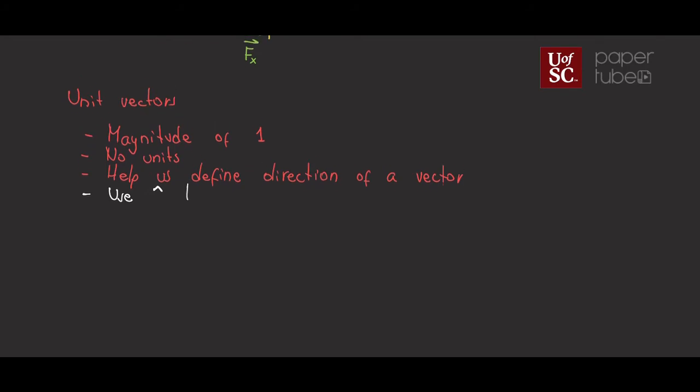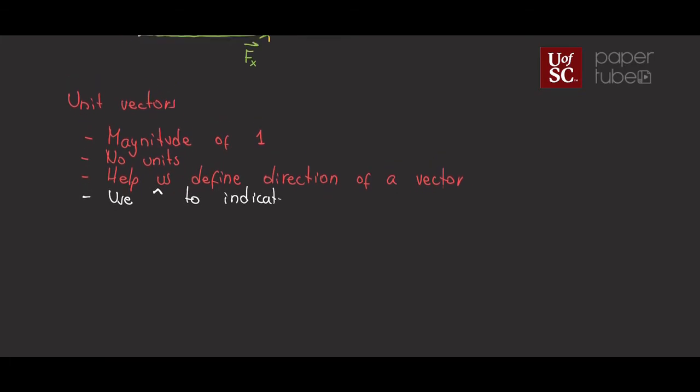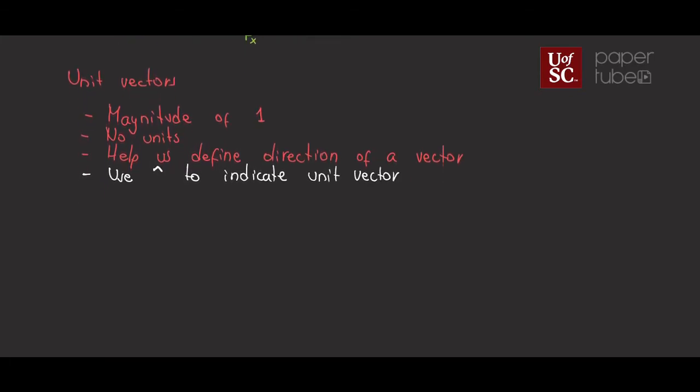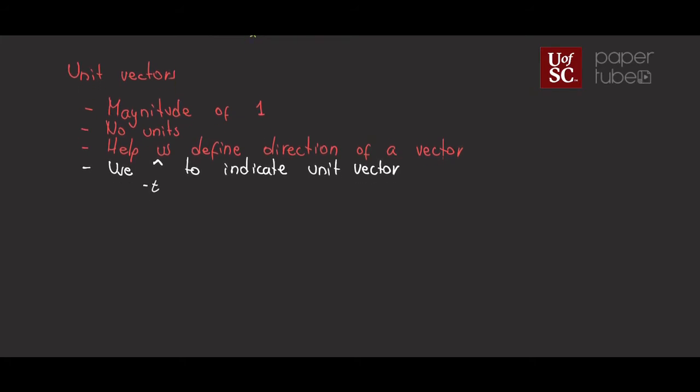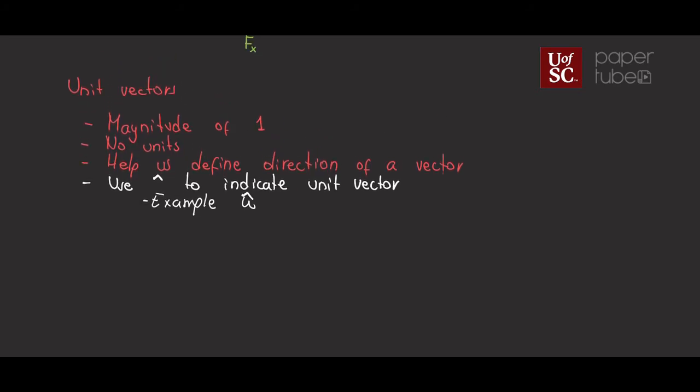For example, if I have the vector u hat, that indicates that u is a unit vector, so it will have no units, and it will have a magnitude of 1.